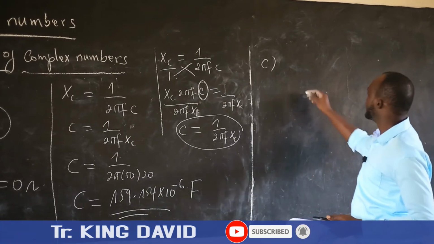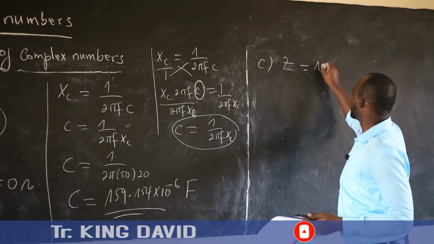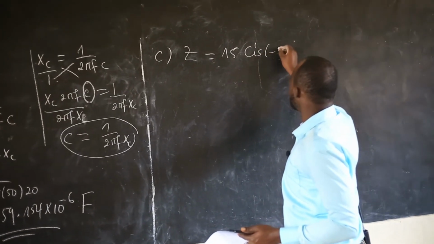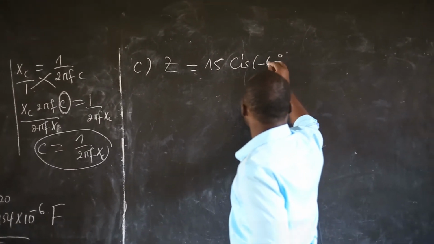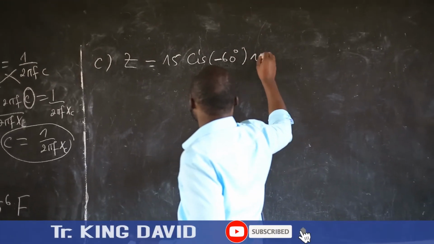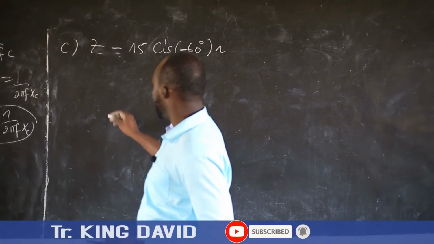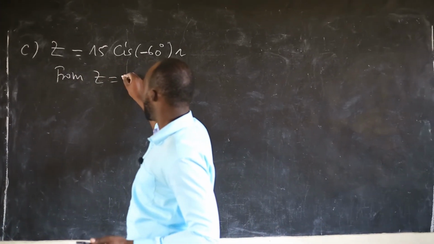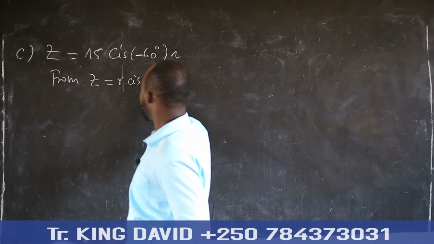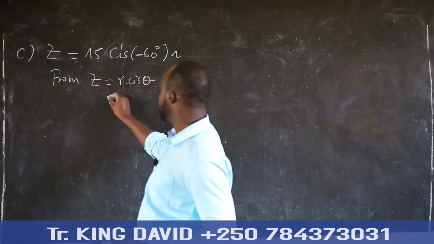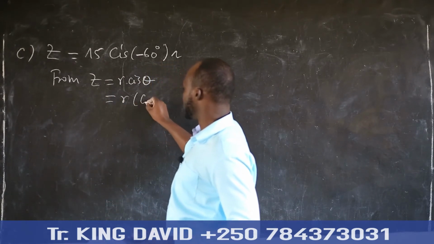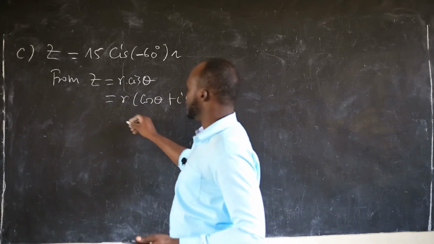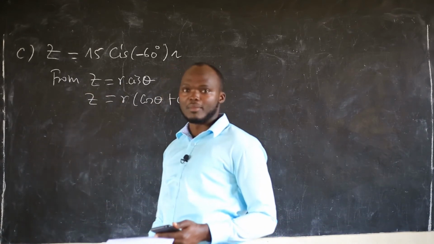C is saying we have Z equals 15 cis of negative 60 degrees ohm. Remember, we have seen that when you have Z equals R cis angle, this is the same as R into bracket cos angle plus i sin angle in a complex number.